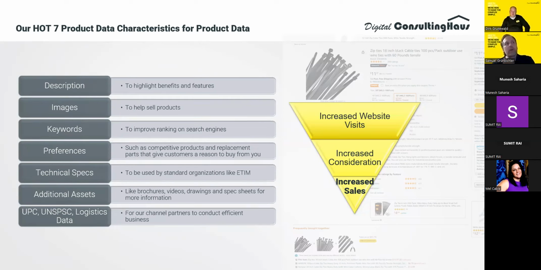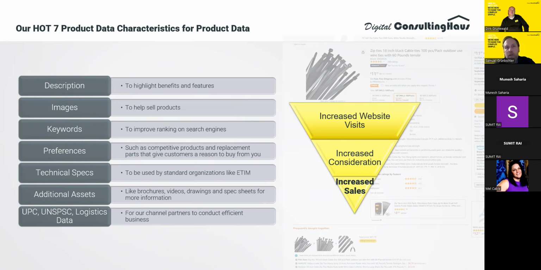So we are talking about our hot 7 product data characteristics. Those would be the description. Every data record needs a description. We need images. We need special keywords, for instance, to improve the ranking on the search engines. We need preferences, the technical specs, some additional assets, like already mentioned, the brochures or videos, technical drawings, and the industry standards, industry numbers, or logistics data.